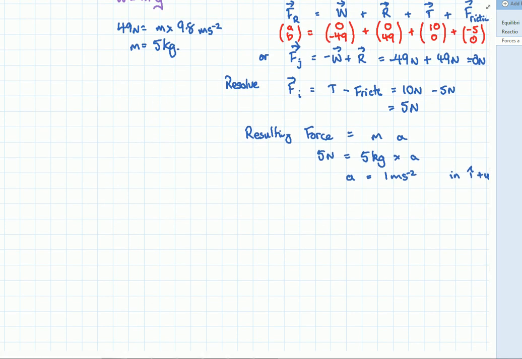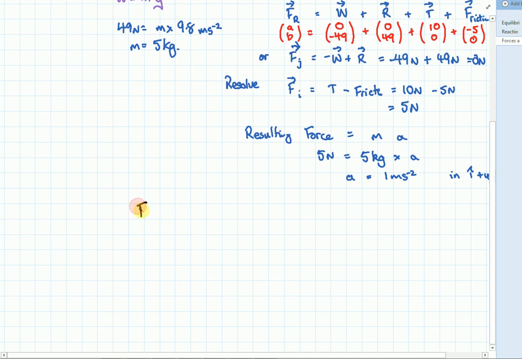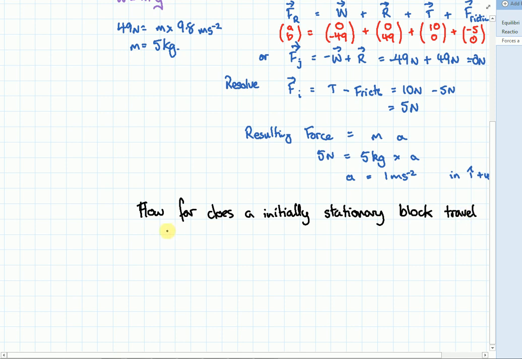But a follow-on question to this might be: how far does a stationary block travel in, let's say, 2 seconds?